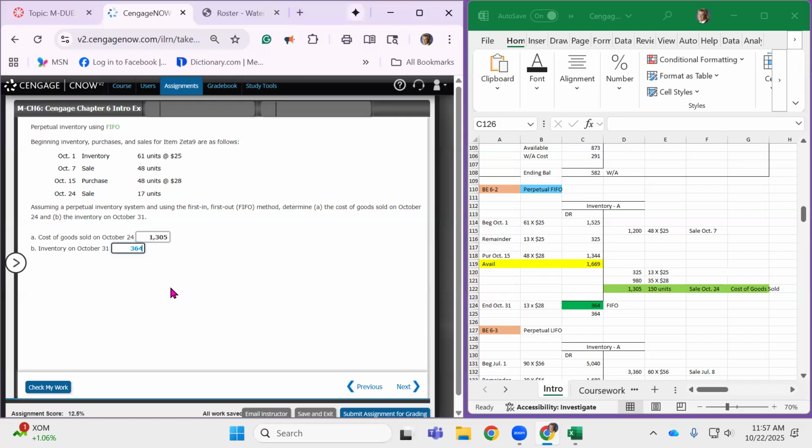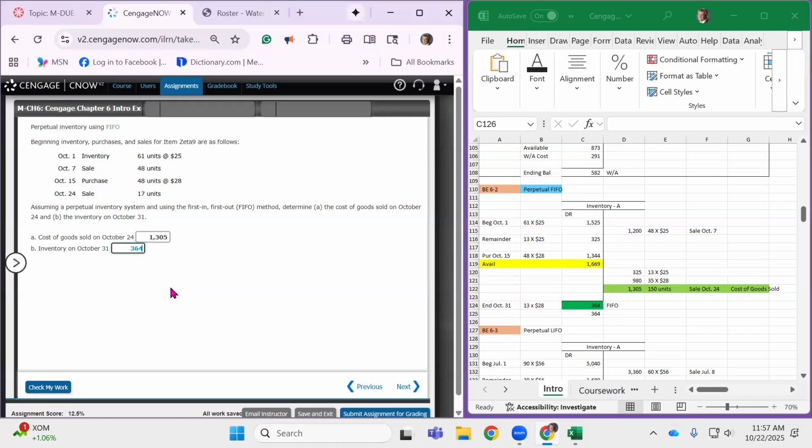If you have 13 plus 48, that's 61 available. But you have to add these two numbers together. You can't take 61 times one cost, because they have different costs. So we have 325 plus 1,344, which is $1,609 available before the next sale. This was the beginning balance, and a purchase on 10/15.